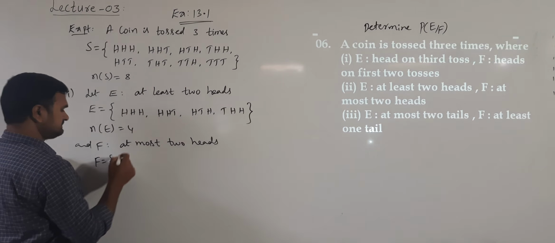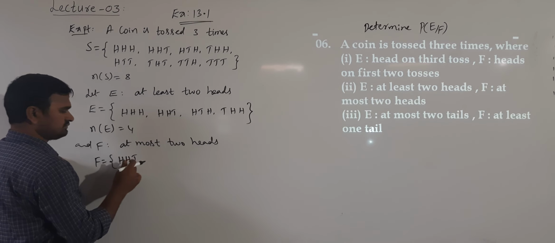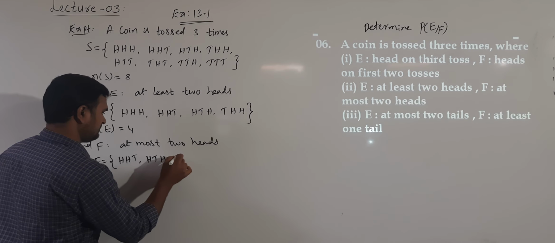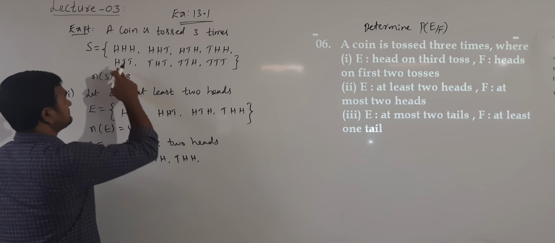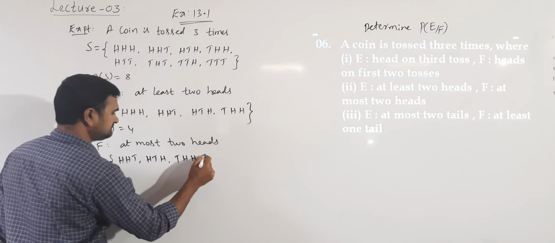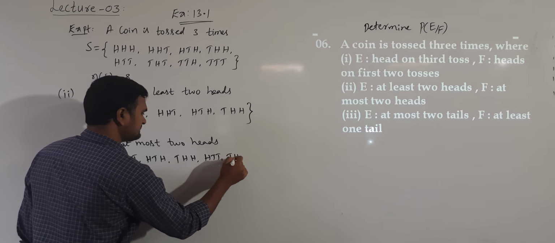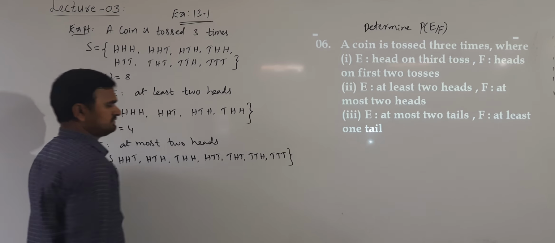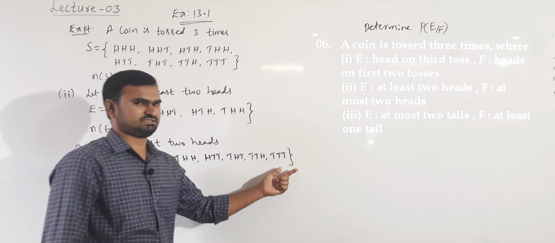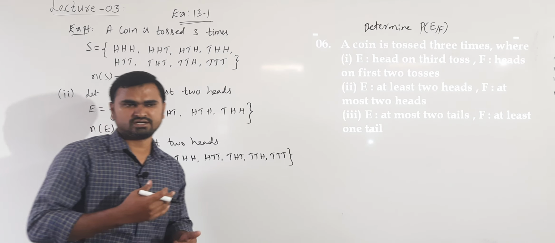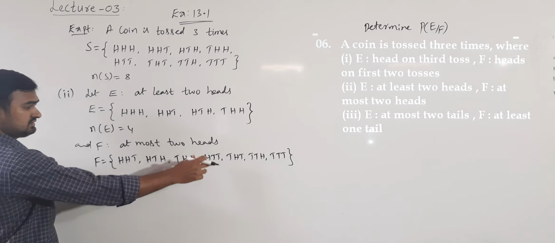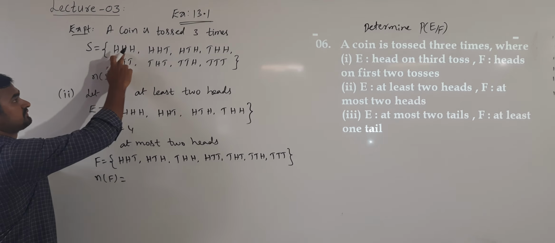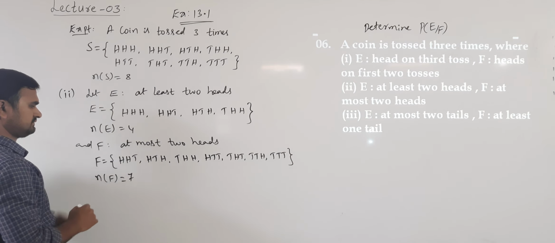We can take HHT, 2 or less heads. We can take HTH, THH we can take, next HTT we can take, 1 head, next THT we can take, TTH we can take, or all 3 tails, here 0 heads. So these are the elements of F. N of F is, except this 1, remaining all we are taking, 7, right.